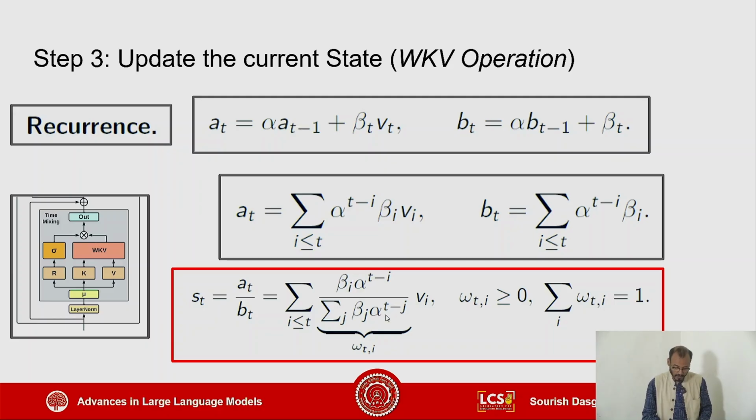And you can say that this particular term, which is beta i alpha t minus i divided by the summation of all such beta i's alpha t minus i, across all the steps before that particular step, gives you that percentage for that particular vi.